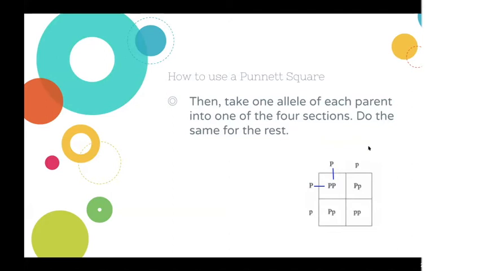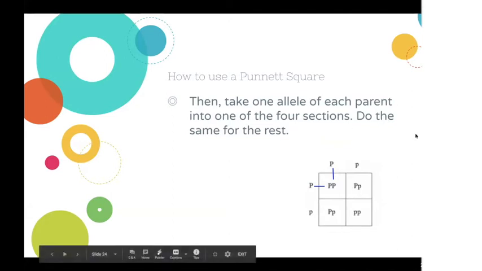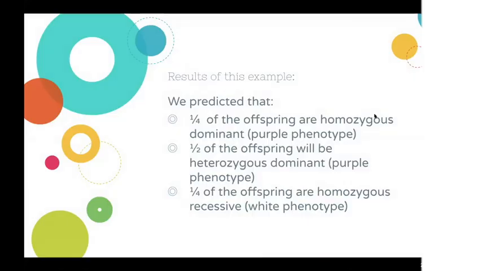So after you finish doing the same for the rest of the 4 boxes, you will predict that 1/4 of the offspring are homozygous dominant, which will give a purple phenotype, meaning the flower will be purple. And then 1/2 or 2/4 of the offspring will be heterozygous dominant with a purple phenotype, meaning the dominant has masked the recessive allele, and the flowers will be purple.